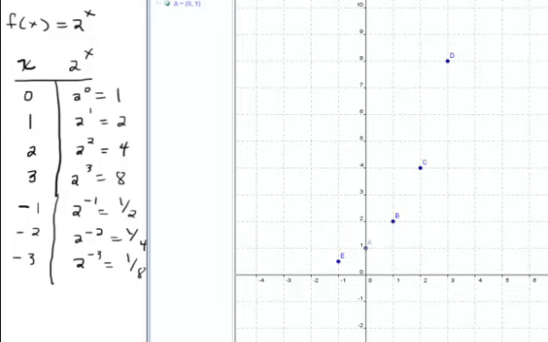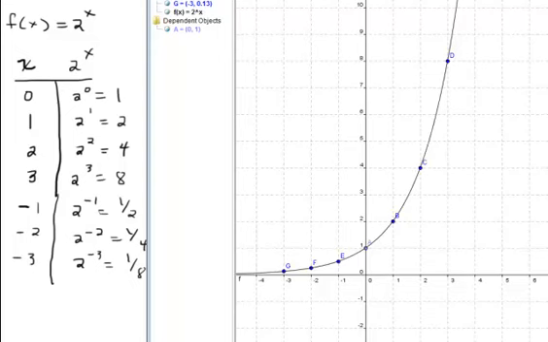Let's say when x is negative 2, we have 1/4. And then when x is negative 3, we had 1/8. Now if we were to connect these dots, we would have a graph that looks like that.